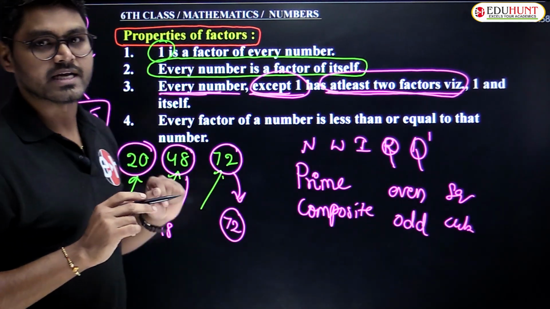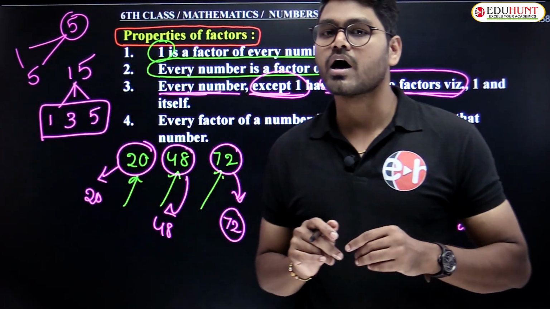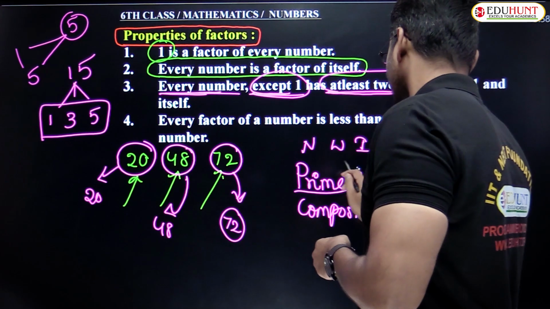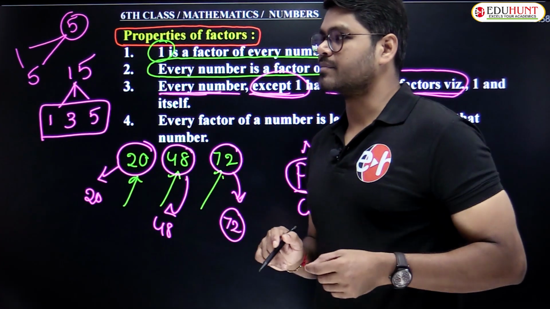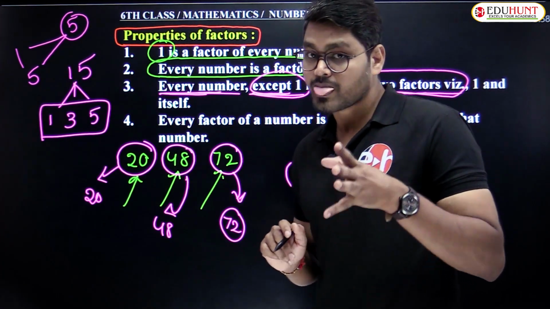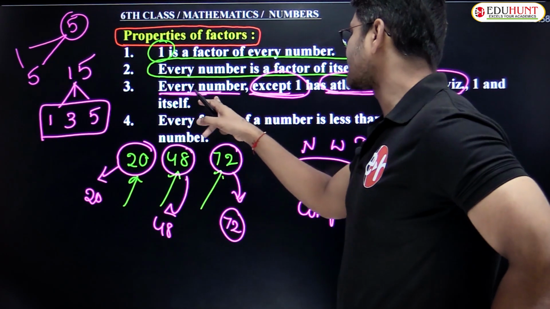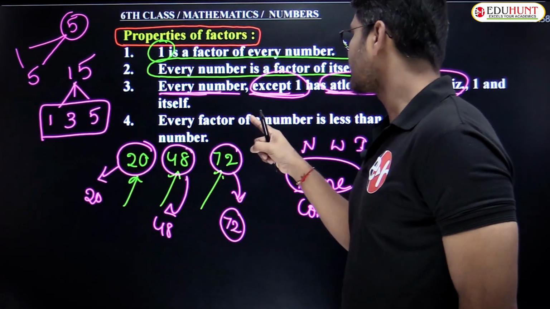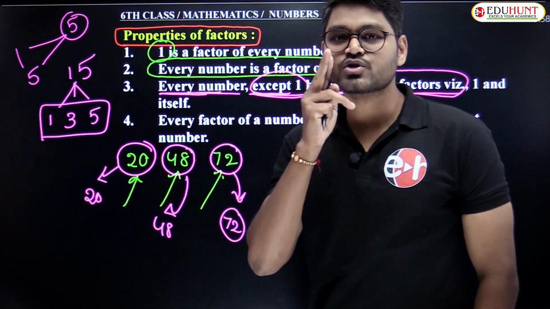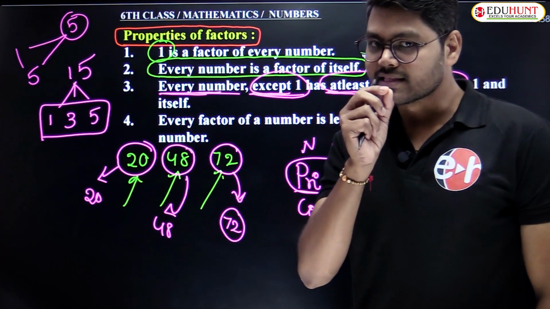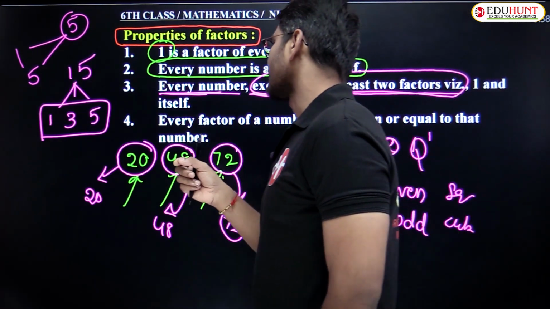That means 1 and the number itself. These numbers are called prime numbers. Understood, students? So except 1, every number has at least 2 factors.